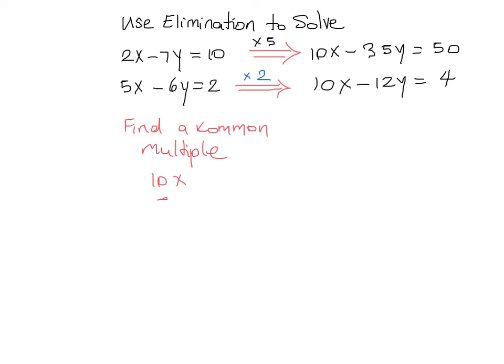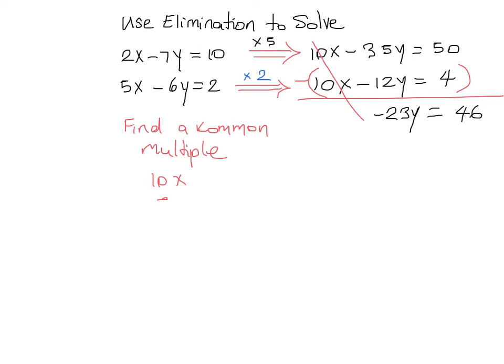At this point, we can take our equations and subtract them from each other. That will eliminate the 10x because 10x minus 10x is 0, so it goes away. Negative 35y minus negative 12y should give you negative 23y, and 50 minus 4 gives us 46.